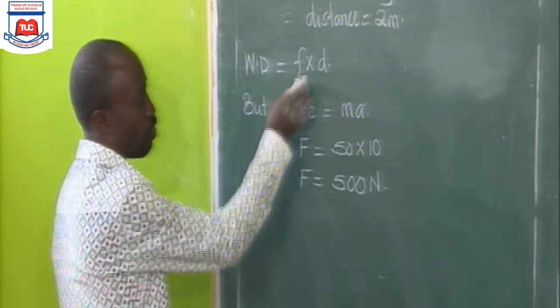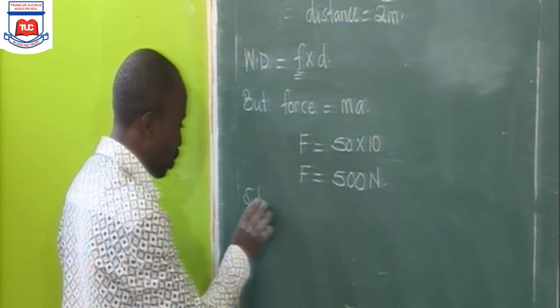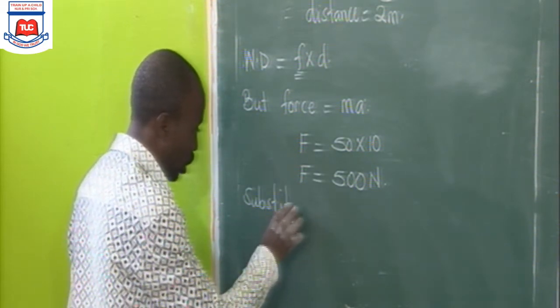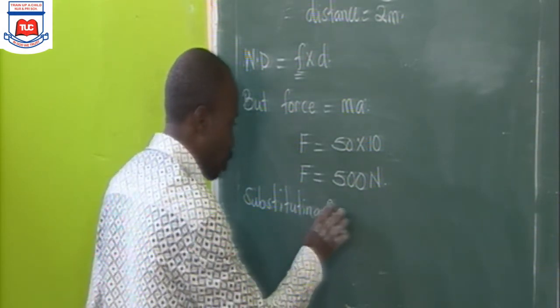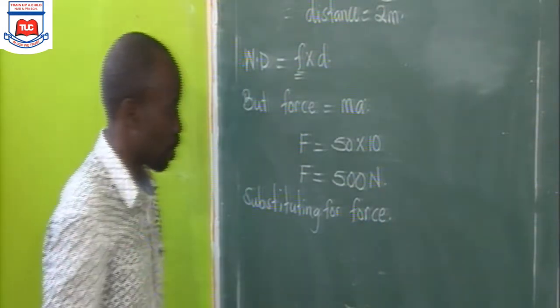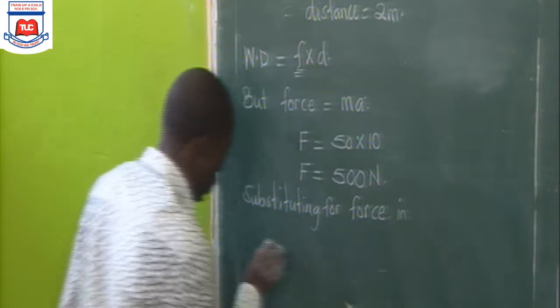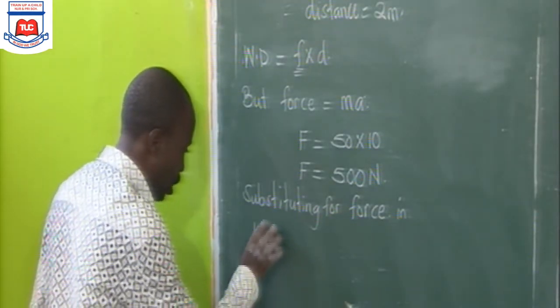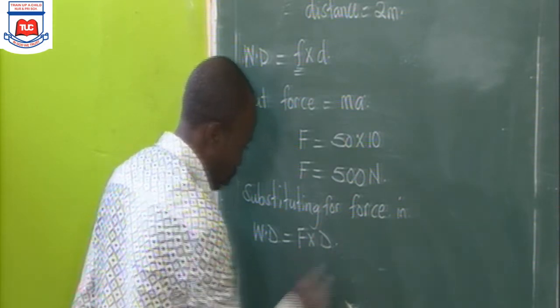So after getting the force, we can substitute force for force in WD is equal to force times the distance.